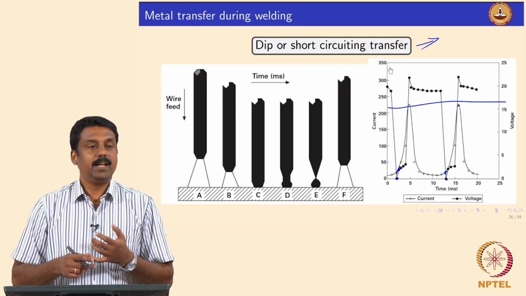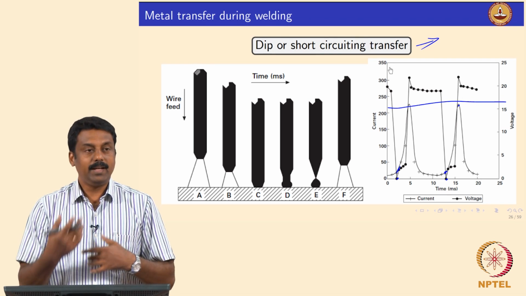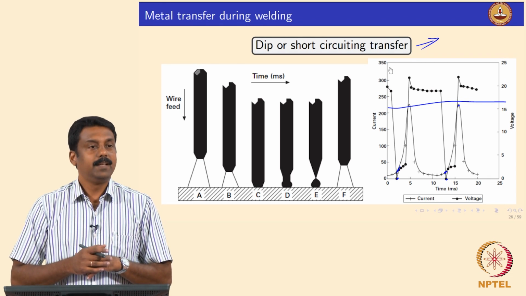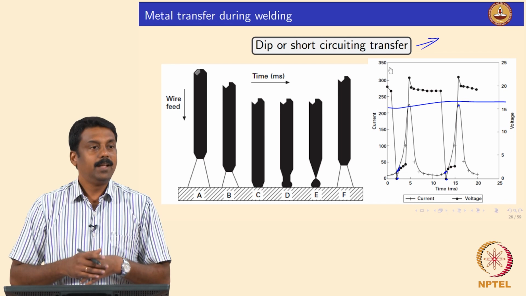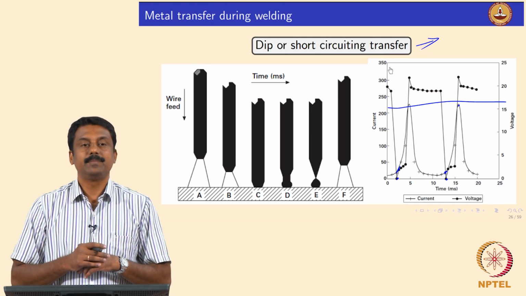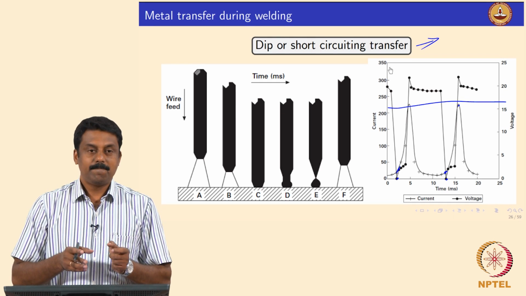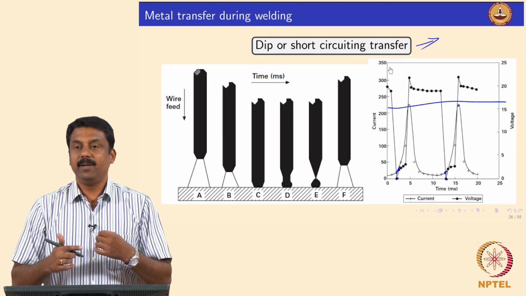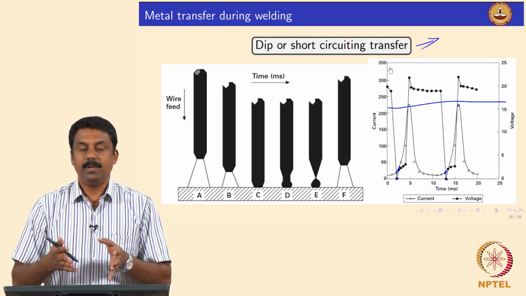And how does the feeding rate get controlled? By calculating the melting rate. The melting rate has to be calculated for a given diameter wire, for a given composition. Then we can calculate the melting rate.